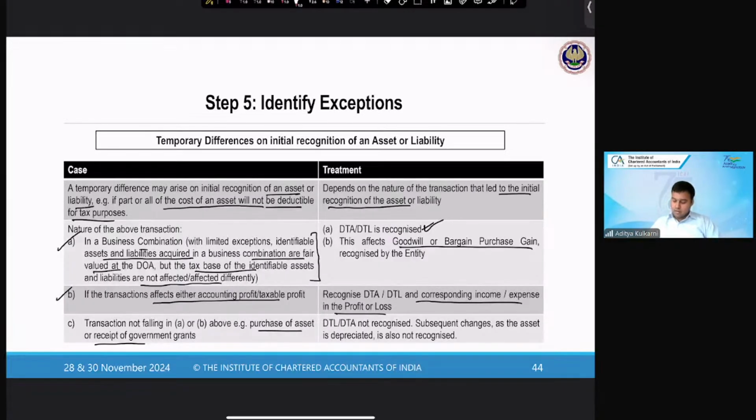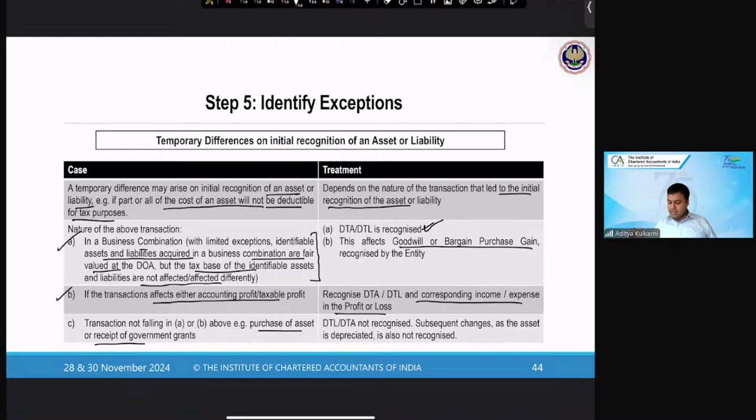Next. A temporary difference if the transactions affect either accounting or taxable profit. Recognize DTA, DTL and corresponding income or expenses in the profit or loss. So that is your next one. And last one, transactions not falling in A or B above.